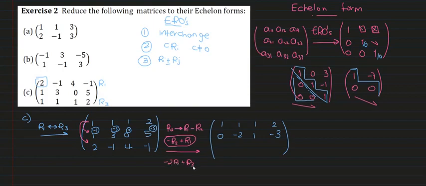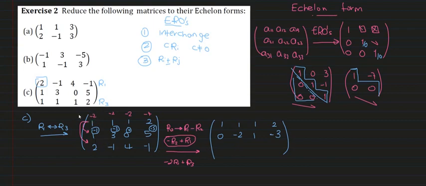And then add it to row 3. So we will take this row 1 multiplied with negative 2. It will be negative 2, and here negative 2 times 1 is negative 2, negative 2 times 2 is negative 4. And then directly we can add the result of row 1 into row 3.